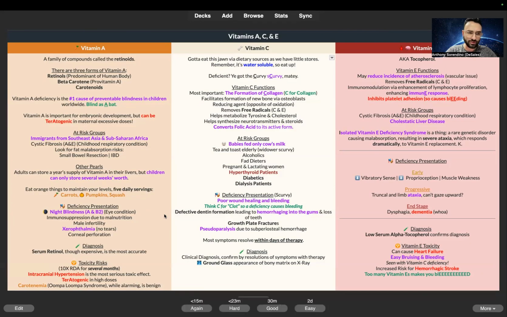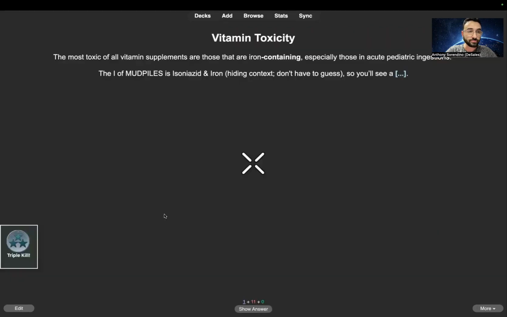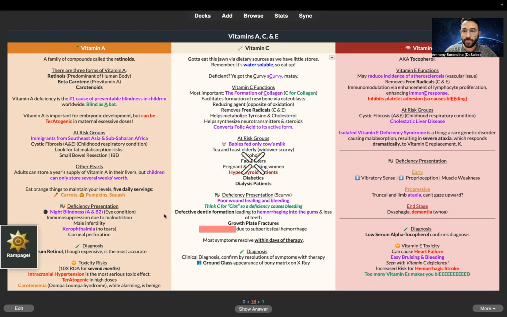You want 5 daily servings of, who eats 5 daily servings of anything other than sugar? Vitamin A deficiency is the number one cause of preventable blindness in children. Blind as a bat. Isoniazid and iron, so you'll see a metabolic anion gap acidosis.